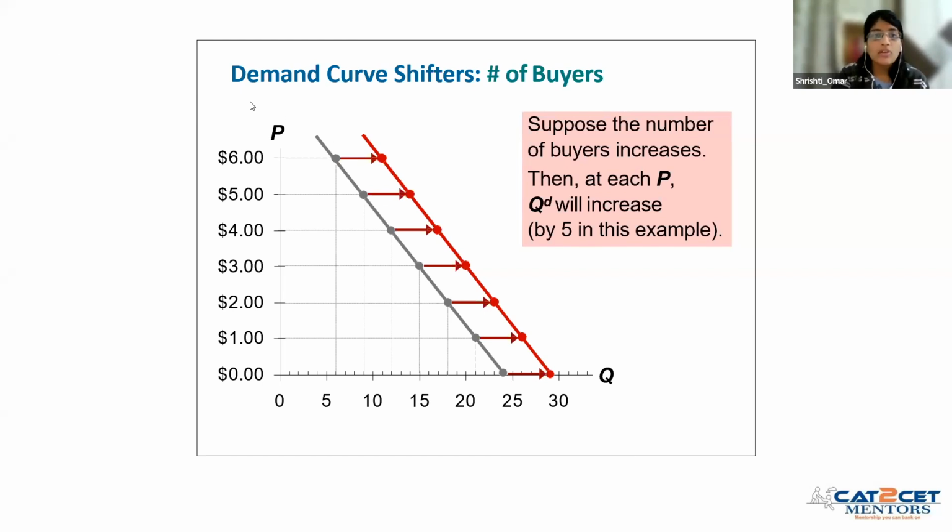Now we don't have number of buyers on the axis, so we cannot represent the change in this graph, because it is limited to price and quantity. So we move the demand curve to the right side, because if the number of buyers rises, quantity demanded will rise. Now is it clear, guys?